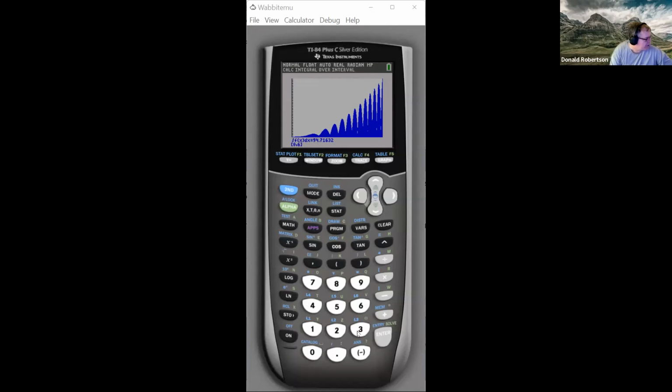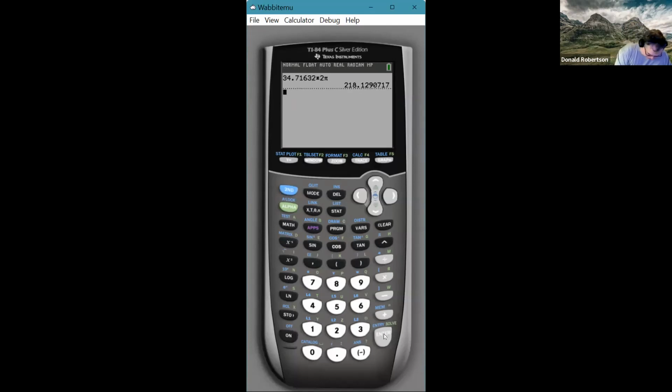So if you take that answer, which is 34.71632, and you multiply it by the 2 pi that we had, then the final answer is 218.1291 to 4 decimal places. So we did get the answer. Cool.